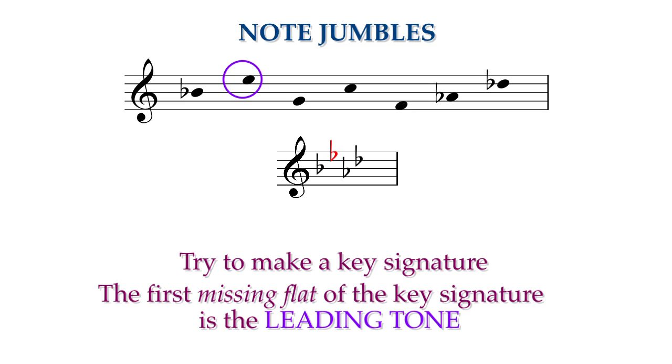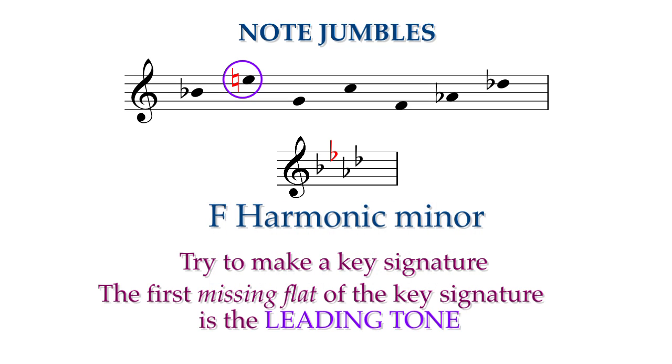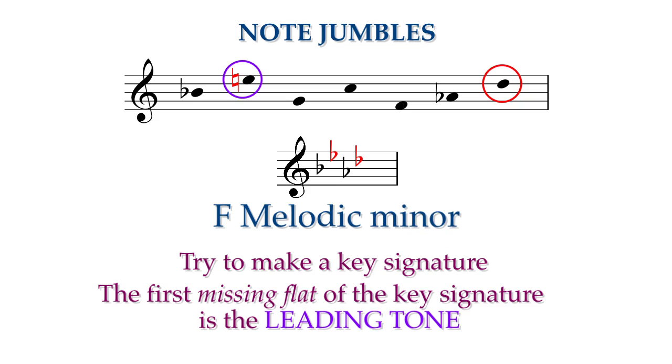It needs to be flat in the key signature to make the natural minor, and would need to have a natural sign, raising the note 1/2 step to create the leading tone. If there is only one missing flat, it is a harmonic minor scale. If there are 2 missing flats, it is a melodic minor scale. The other missing flat is the raised scale degree 6, la.